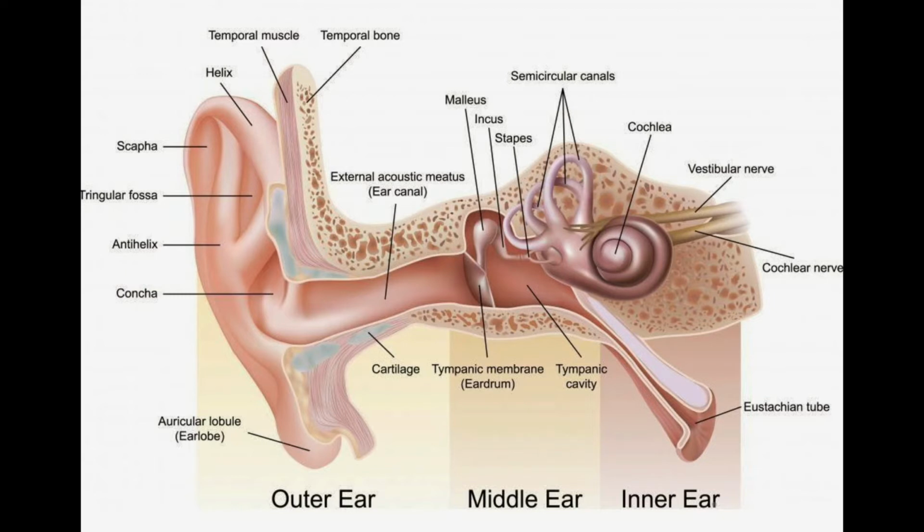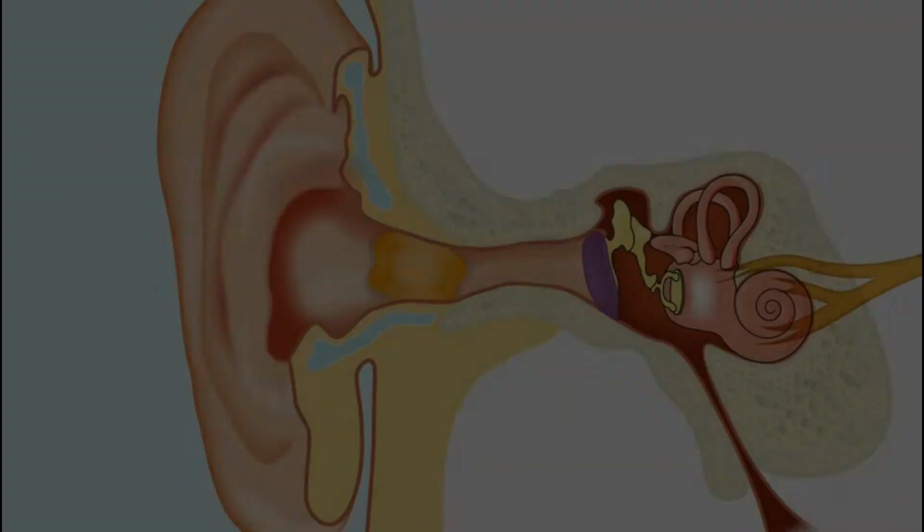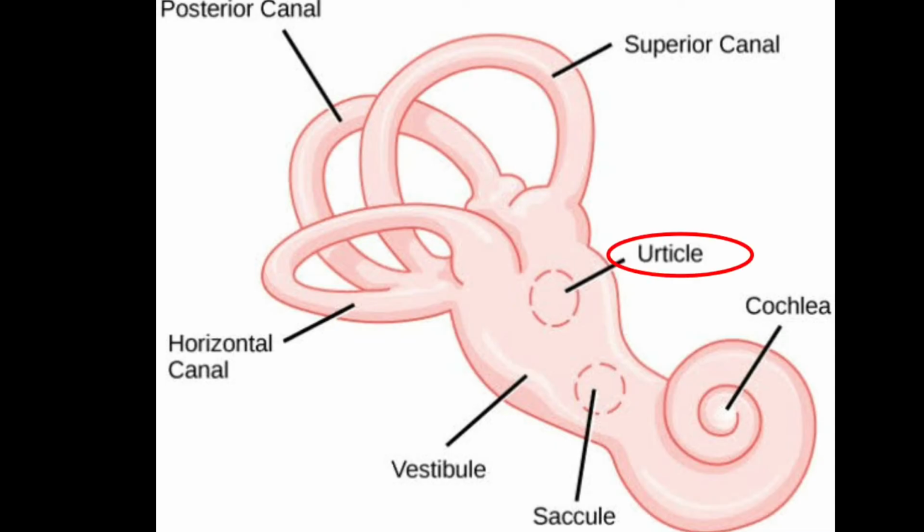The inner ear sits in the bony labyrinth and contains structures which are key to the several senses: the semicircular canals, which enable balance and eye tracking when moving; the utricle and the saccule, which enable balance when stationary; and the cochlea, which enables hearing.